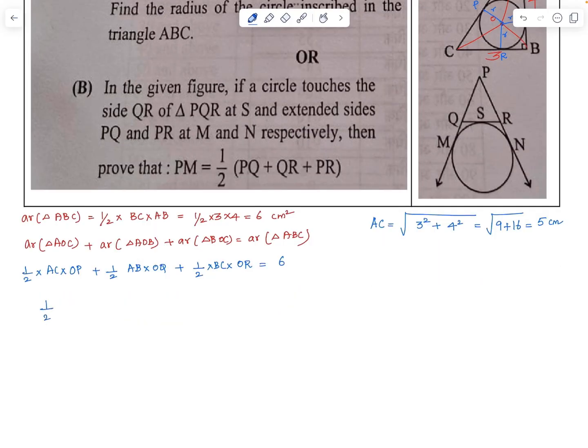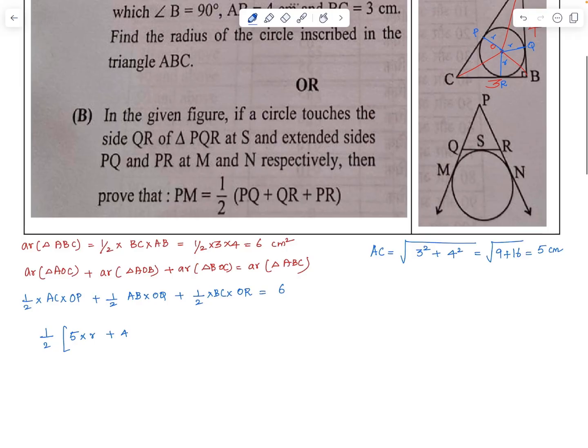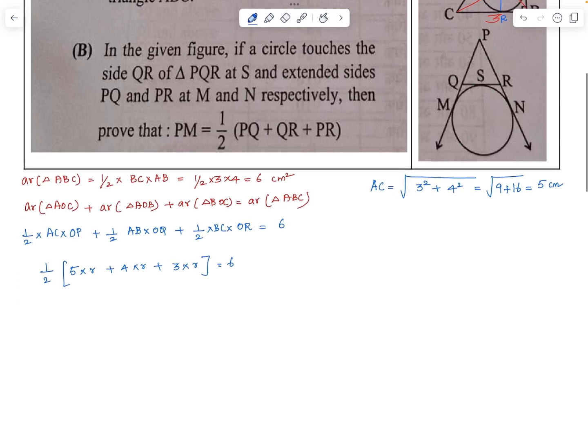Half is common in all the terms. Within bracket we are left with 5 into OP is R plus AB is 4, OQ is R plus BC is 3 and OR is R, which is equal to 6. 5R, 4R, 3R. If we add all these three, we get 12R, which is equal to 12. So R is equal to 1 centimeter.